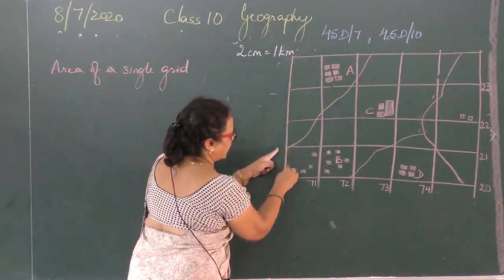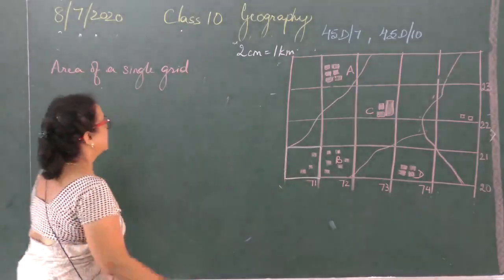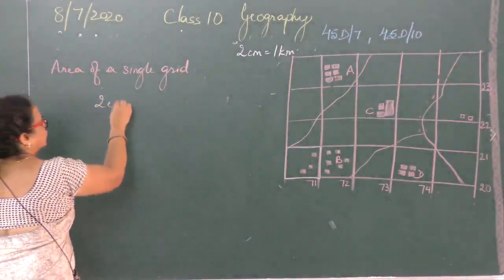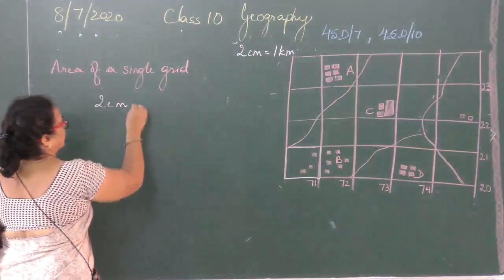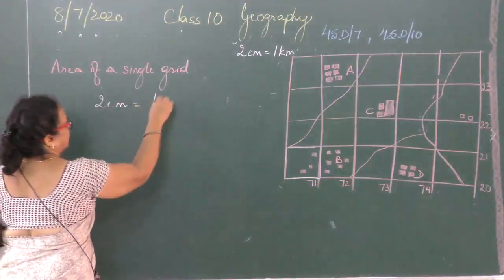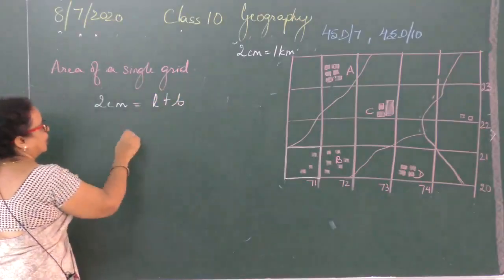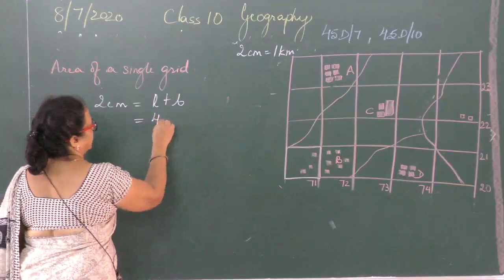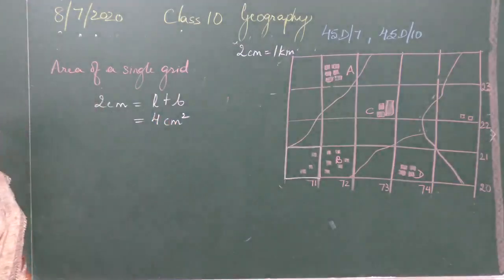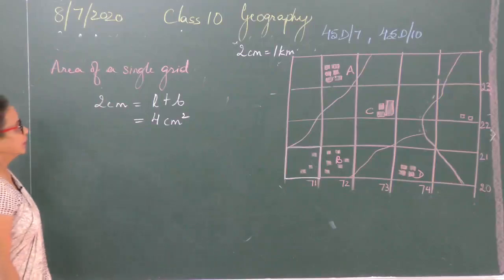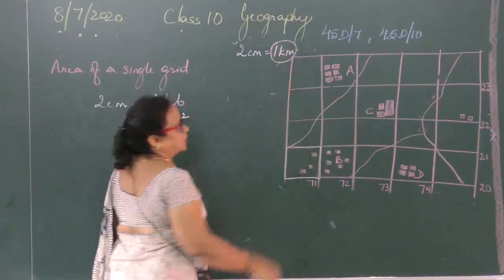So for 1 square or 1 grid, one side is 2 centimeters. Clear? So for finding the area, it will be length into breadth. In centimeters, it will be 2 into 2, 4 square centimeters.